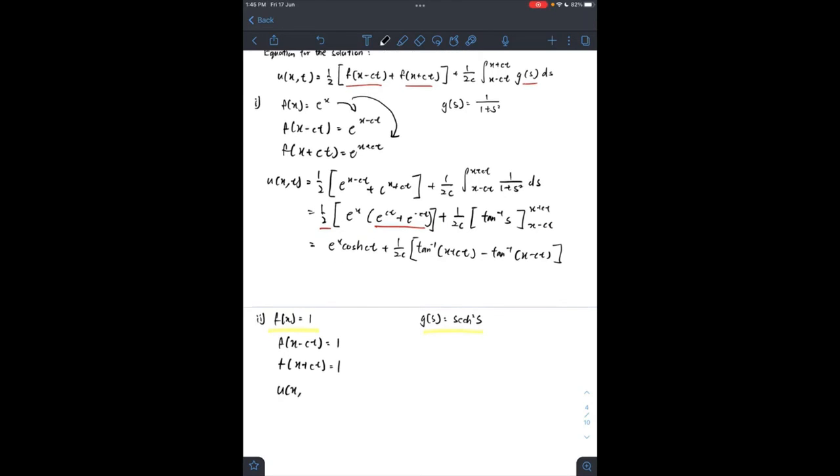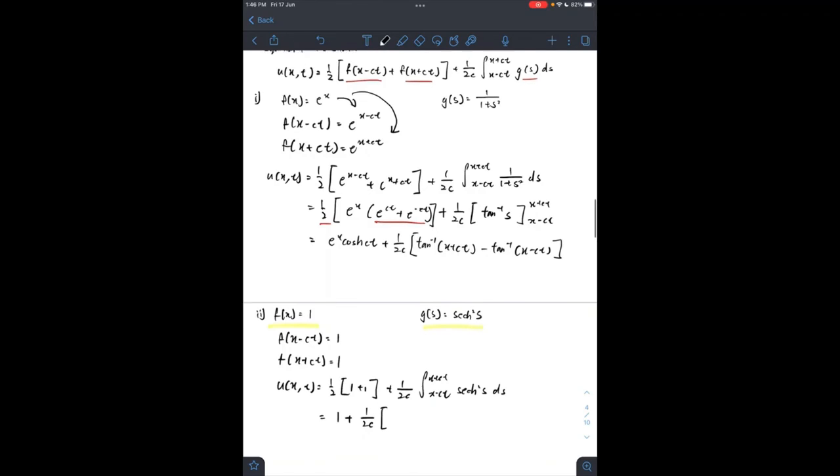So we can directly substitute it, becoming 1 plus 1 plus 1 over 2c, and same thing we need to use the integration here. So this will become 1 plus 2c.